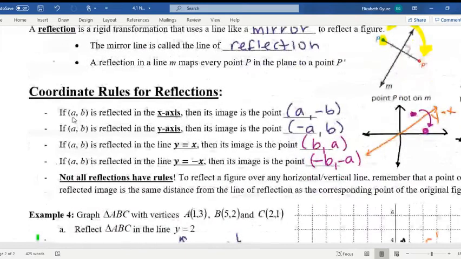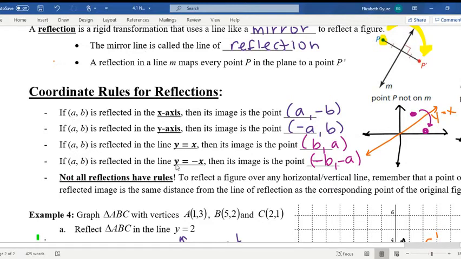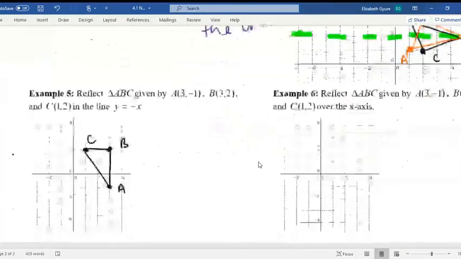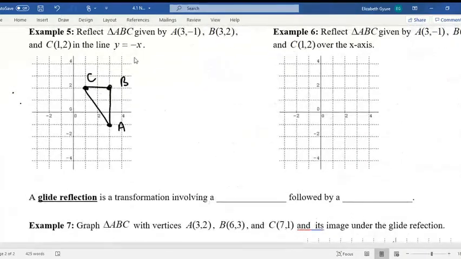Yeah, right here. Yep, we're going to use this rule right here for the line y equals -x, which means -a, -b. I always like to rewrite it next to it. So like if I see y equals -x, I know I need to use the rule -a, -b, or opposite of a, opposite of b.